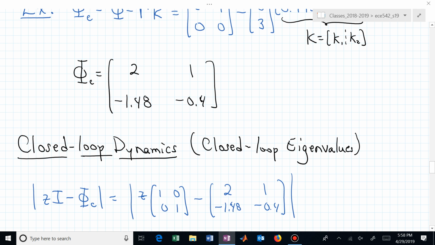The next check is to compute the determinant of zI minus phi sub c, just to see if what we claimed that K was going to do actually does make the system behave the way we want it to behave.